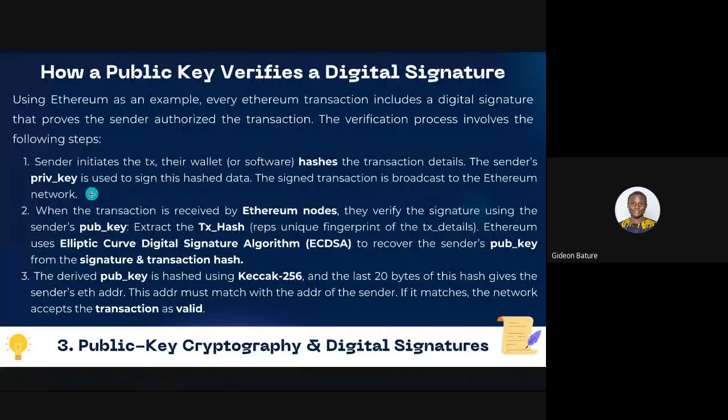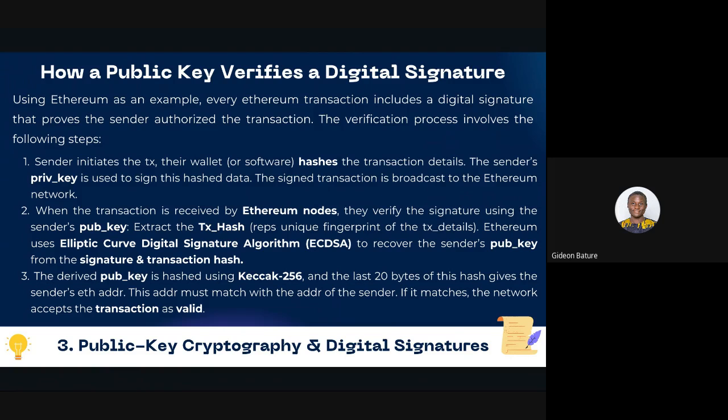Next, see the second one. When the transaction is received by Ethereum nodes, I think you guys did nodes last week, so I will not dwell on that, they verify the signature using the sender's public key. Those people running nodes are also people that verify transactions.